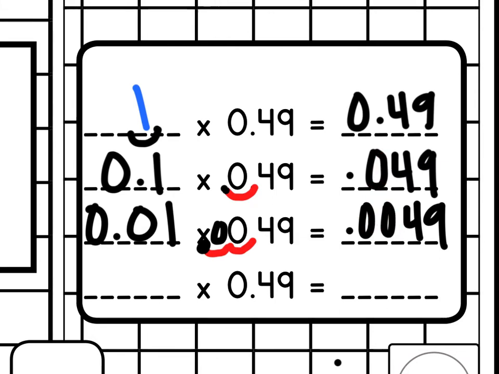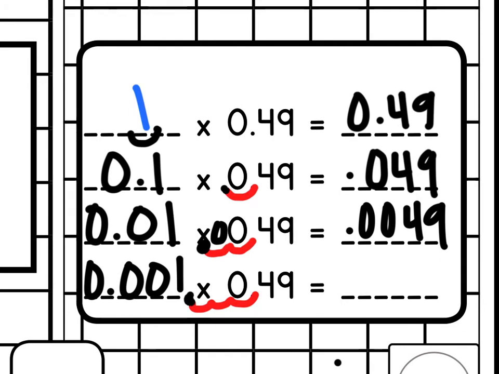And if you notice the pattern, here we had a 0, and then on the next one we had 2 zeros. So on the last one, we can move the decimal 1, 2, 3 times. We'd have 0.001. So since we moved the decimal 3 times from the beginning, 1, 2, 3, we will move the decimal 3 times. 1, 2, 3.